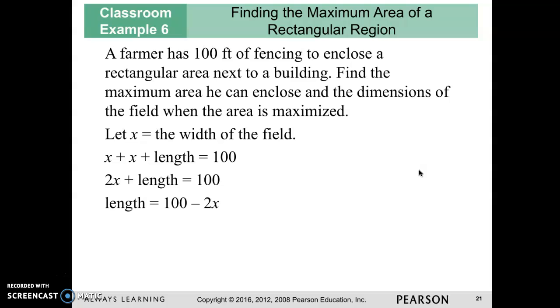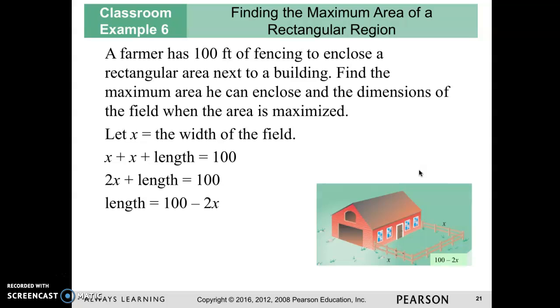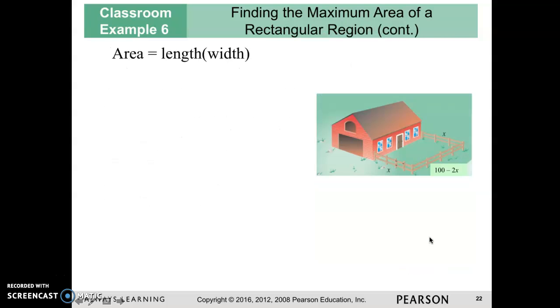So therefore the length has to be equal to 100 minus 2x. So this is where it came from. See, there's width, and then length. So it's 2x plus the length is equal to 100, so the length is going to be 100 minus 2x.